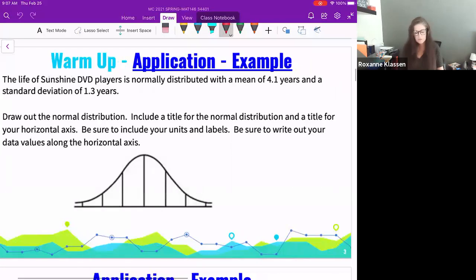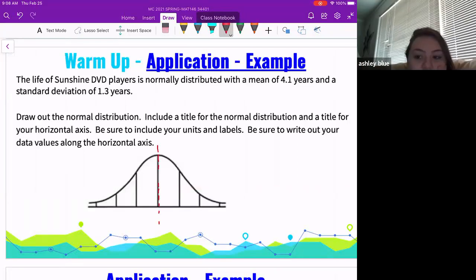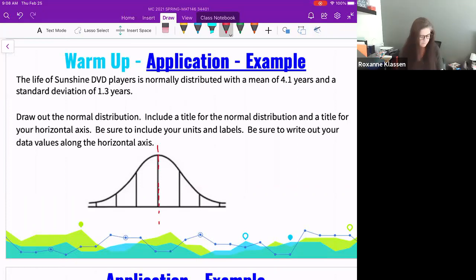All right, so let's talk about this. What did you label this middle line? Ashley, what did you label that middle line? Honestly, I'm so lost that I was waiting to go over it with you. Okay, Dom, can you help her out?